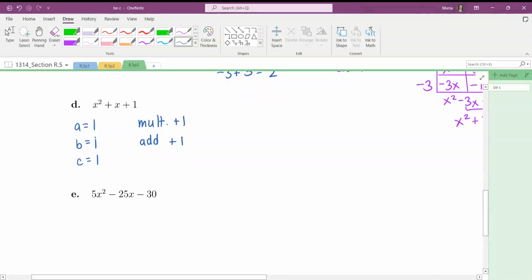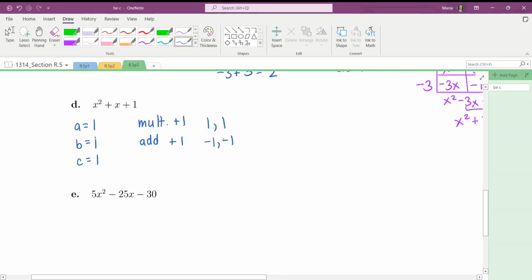So here's the thing. When you start looking for your numbers, again, we're going to start with multiplication. What two numbers multiply to be positive 1? Well, 1 and 1. Those are the only numbers that I can think of that if I multiply them together, well, also I guess negative 1 and negative 1.